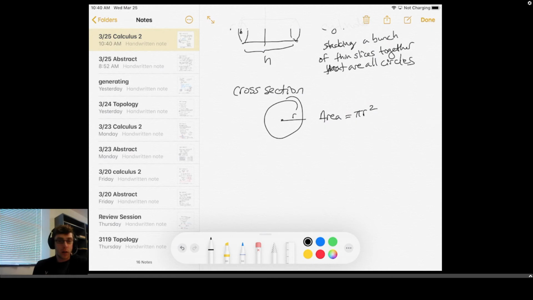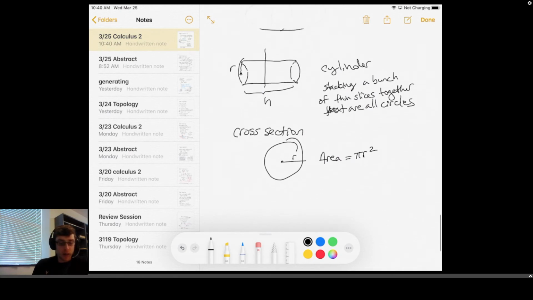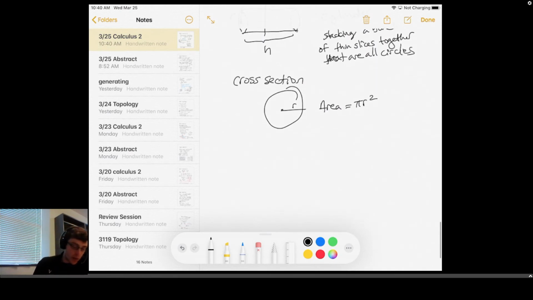Technically this has no volume, it has no width whatsoever, so you don't technically want to do that. What you really want are infinitesimally thin cylindrical slices that approach your circular cross section.